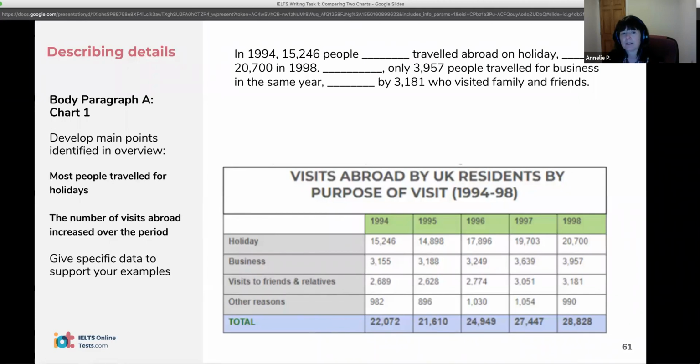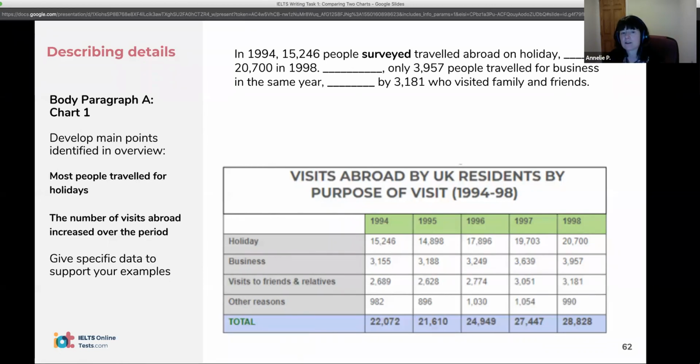So let's see how we can do that and think about a range of language that we can use to express this movement. So in 1994, 15,246 people, right? Okay, again, that was a bit of a tricky one, but this is a good way of including the fact that it's a survey without saying the same thing that's there.